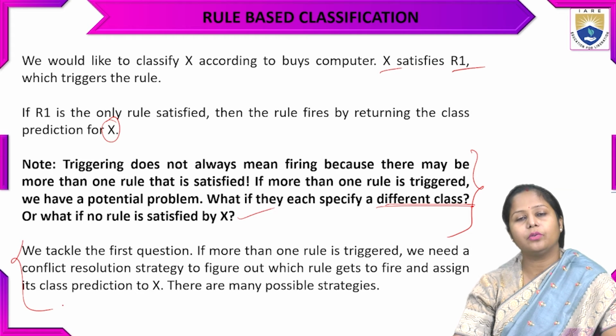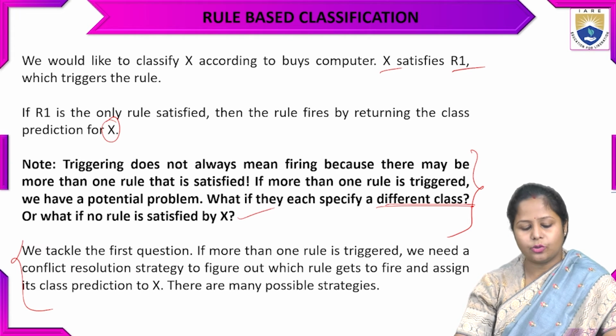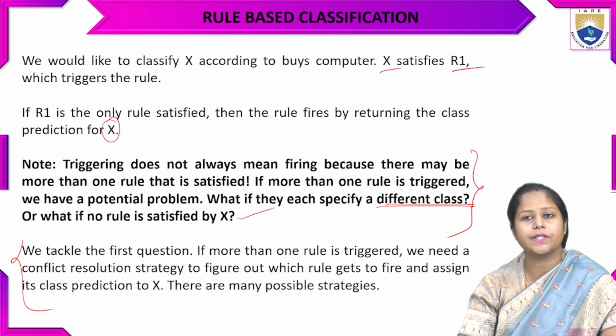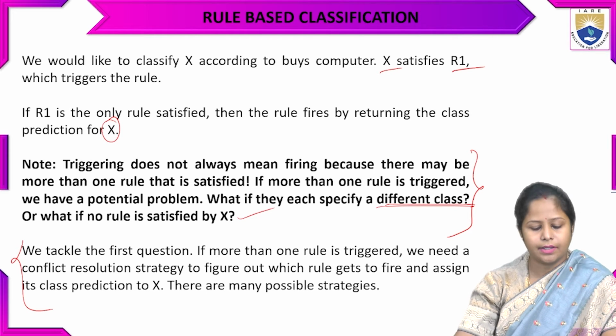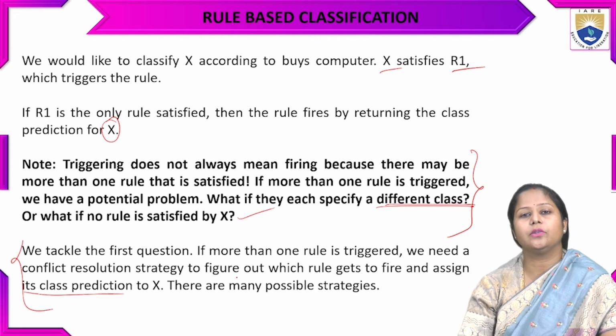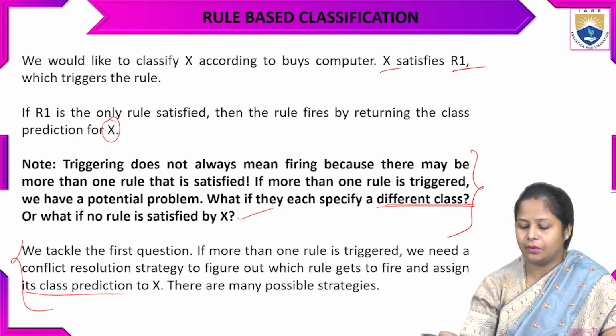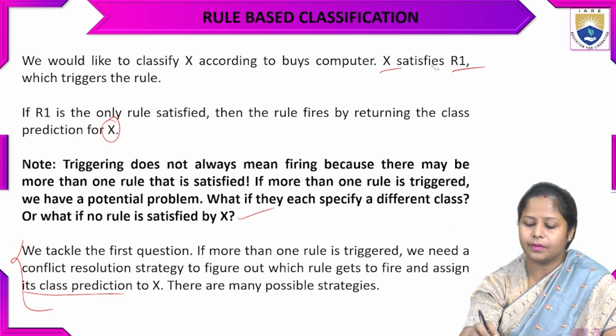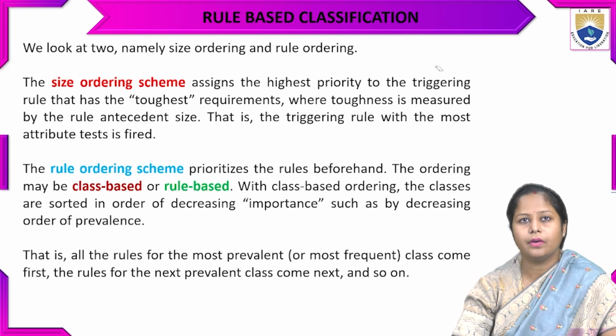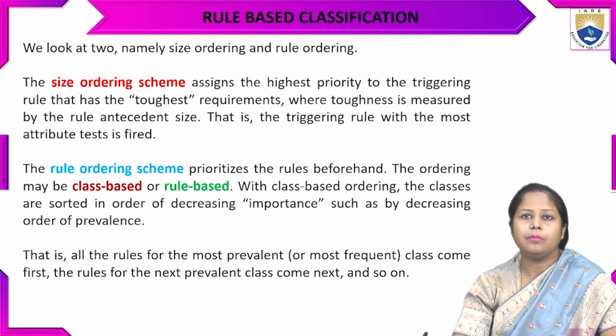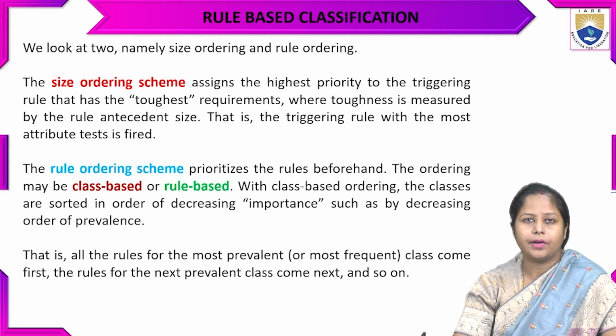If more than one rule is triggered, we need a conflict resolution strategy to figure out which rule gets to fire and assign its class prediction to X. There are many possible strategies. We look at two, namely size ordering and rule ordering.